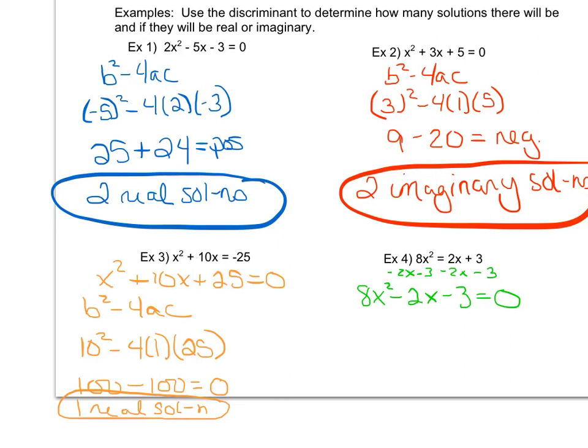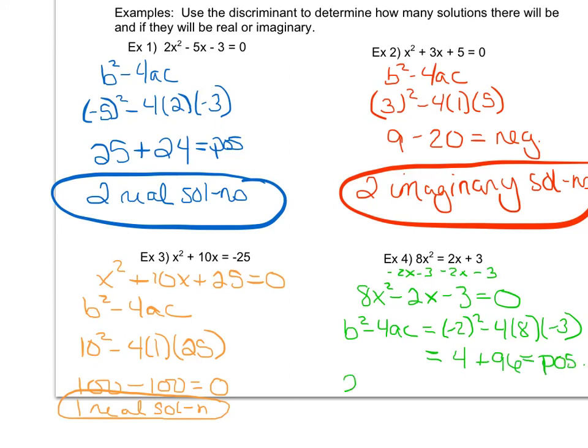Now that it's in standard form, b squared minus 4ac is going to be negative 2 squared minus 4 times a times negative 3. Well, that's going to give 4 plus 96. Since that's a positive number, I'm going to say I have 2 real solutions.